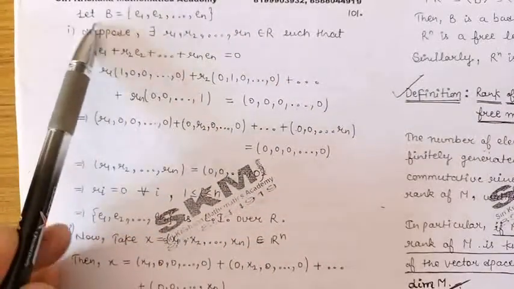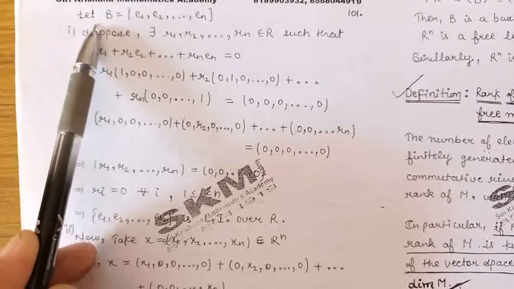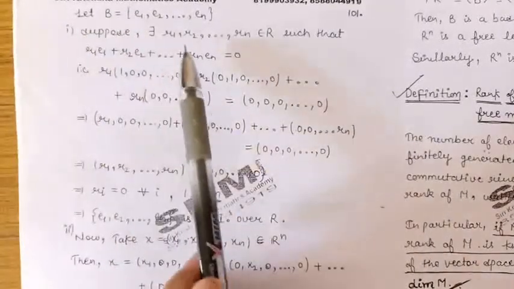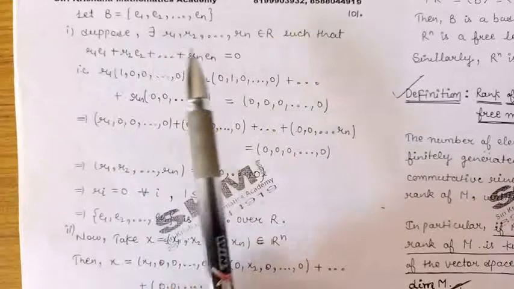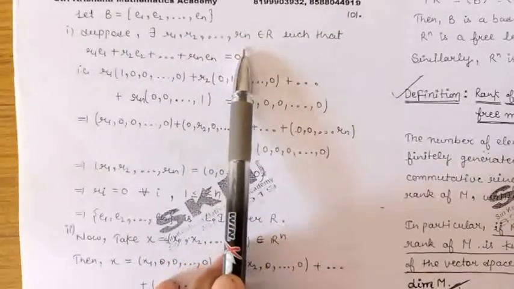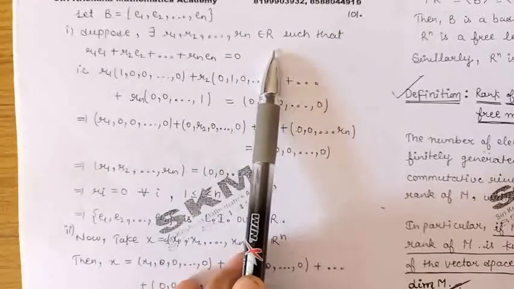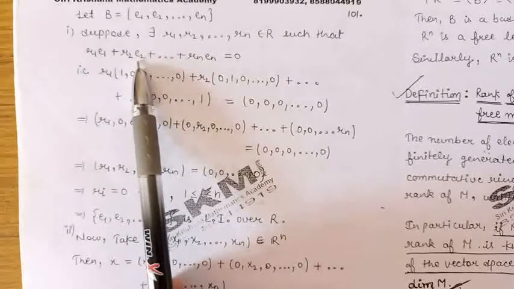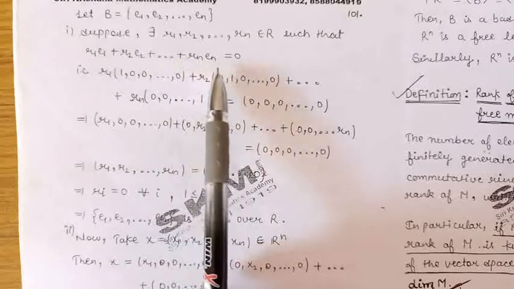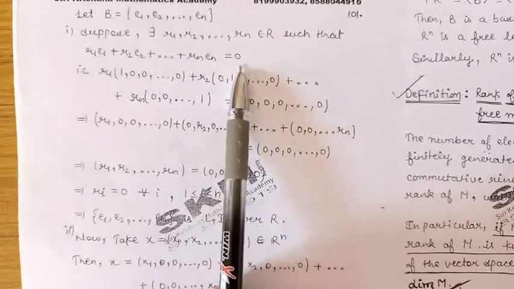To prove that B is a basis for Rn, first of all we prove that the set B is linearly independent. To prove this, let us take elements r1, r2, r3 up to rn from the ring R such that the linear combination r1 e1 plus r2 e2 plus r3 e3 up to rn en is equal to 0.